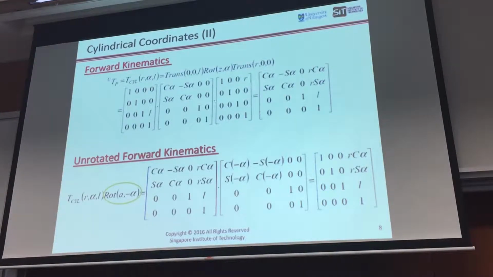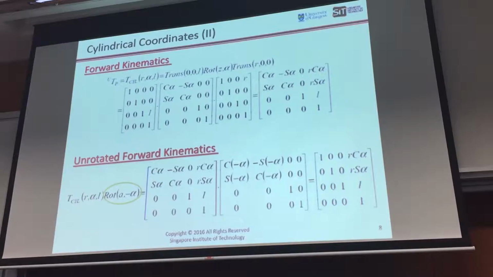Now remember, this is your T cylindrical, which is some identity matrix. This is your unrotated. I purposely put it unrotated because I've already done the compensation to align the final transformation, the frames to your movable frame so that they're all parallel, just like your pure translation. So I have identity matrix 0, 0, 0, 1.